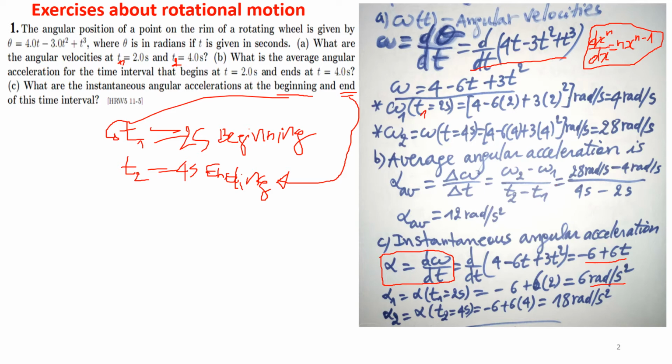We need to replace t by 4 in this expression for instantaneous angular acceleration. Then it equals minus 6 plus 6 times 4. 6 times 4 equals 24. 24 minus 6 equals 18. Then the final instantaneous angular acceleration equals 18 radian per second squared.